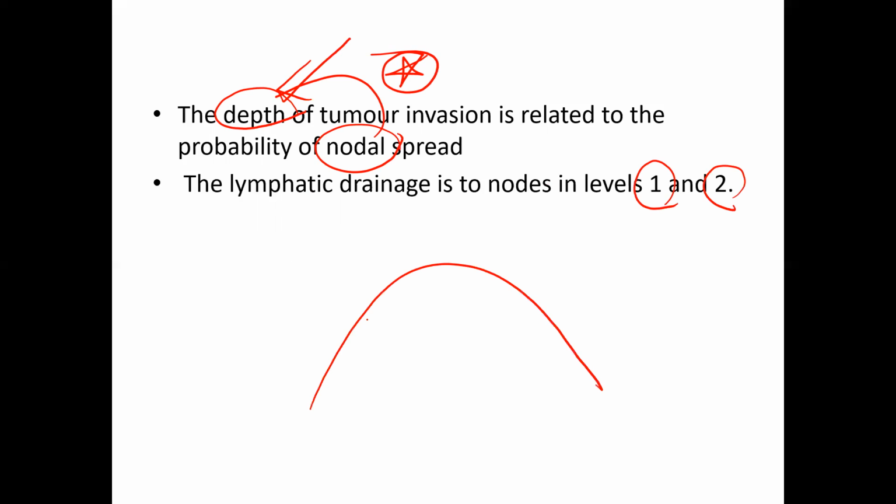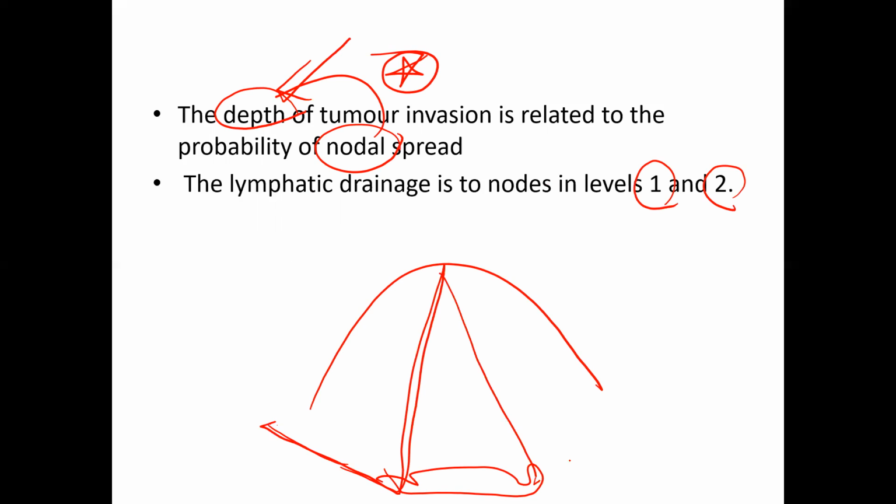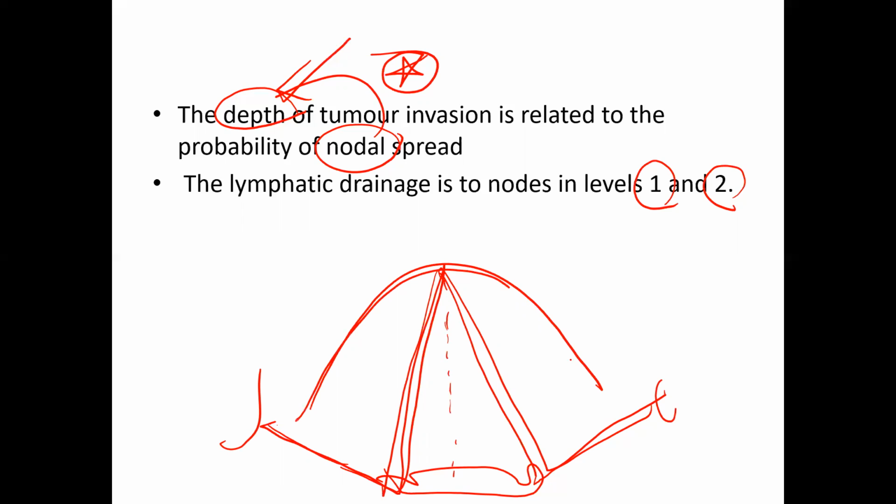If you take this as the mandible, you have the hyoid bone here, and the anterior belly of digastric and posterior belly of digastric like this. This is the mastoid process. This is the underbelly of digastric, and this becomes the midline of the neck. This is the mandible as we have already seen.